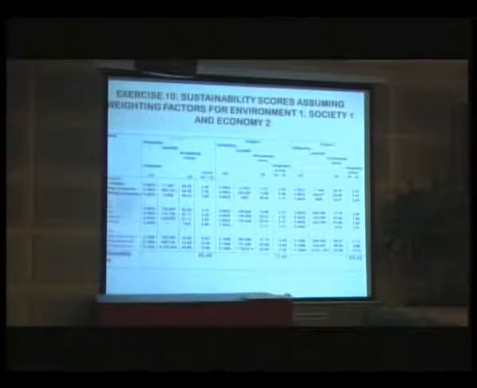The final exercise looks at what happens if the economy is constrained. Then you might want to change the weighting, so that you give the economy a higher weighting than the environment and the society, and see what the effect is on the sustainability score.